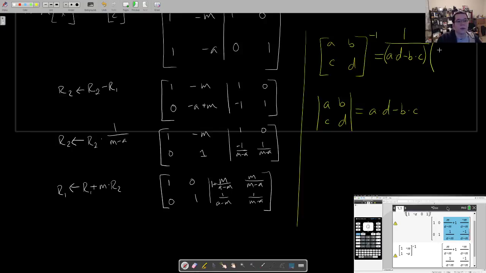1 divided by the determinant times the matrix D, negative B, negative C, A, I believe, which is what we see. I think. Again, let me double check.